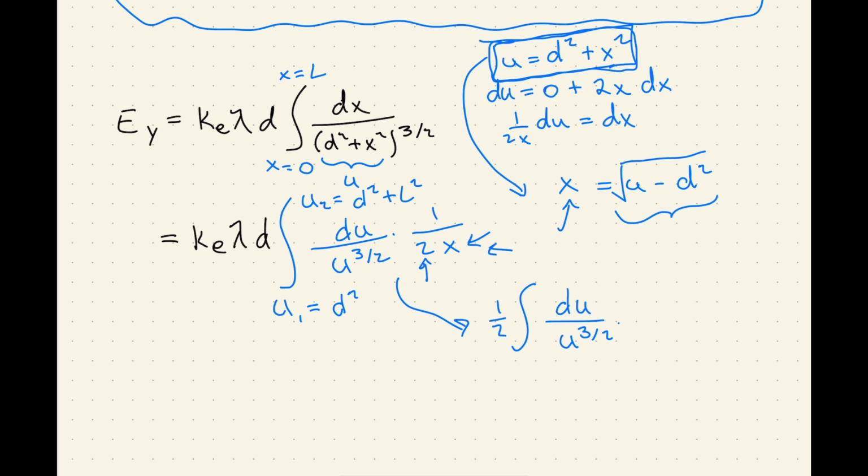I'm just trying to see if I can solve this integral on my own without any help from the equation sheet, but it looks like I can't. I'm not too sure what to do in this case. I have a u to the power of 3 over 2. I have a square root of u here. It looks like an ugly integral. I don't like it. So what I'm going to do is erase this.